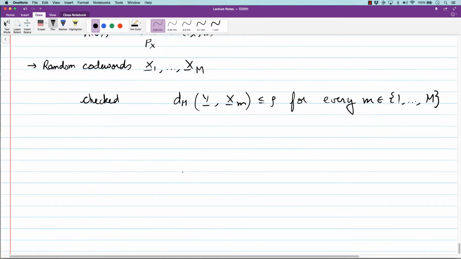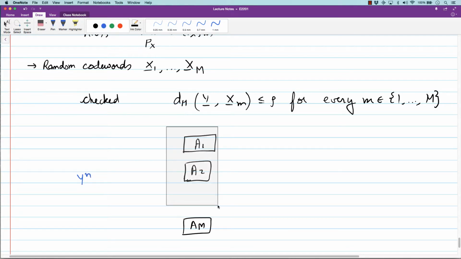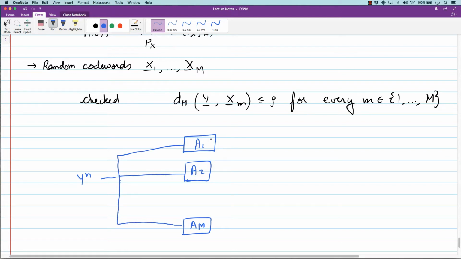One way we can visualize the structure of this decoder is as follows. We can have these acceptance regions A1, A2, one corresponding to each message, up to A capital M, and you have this received sequence y^n. We run all these tests, checking if y^n belongs to this set, this set, this set. So you get a yes/no answer out of it.